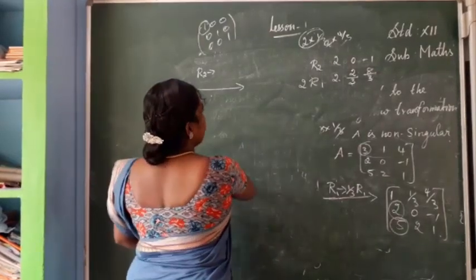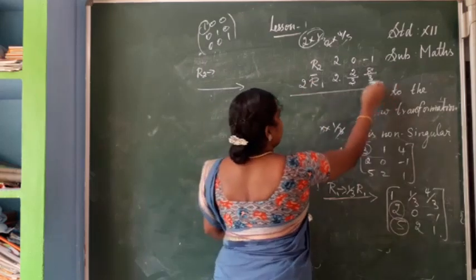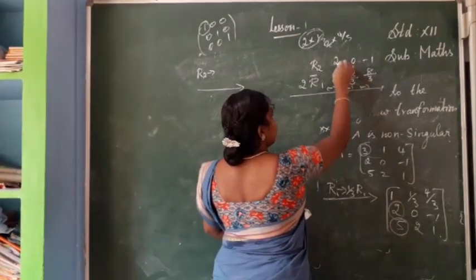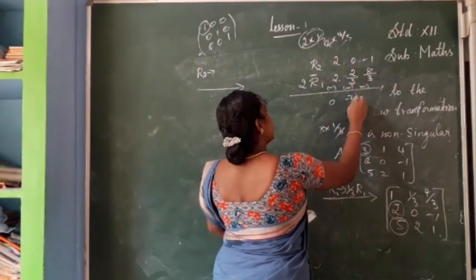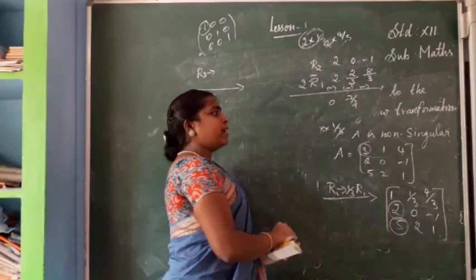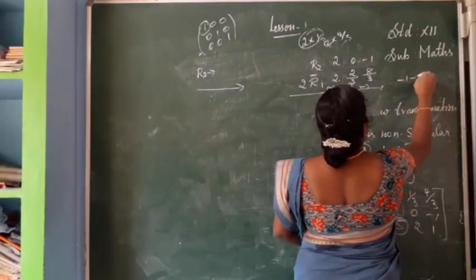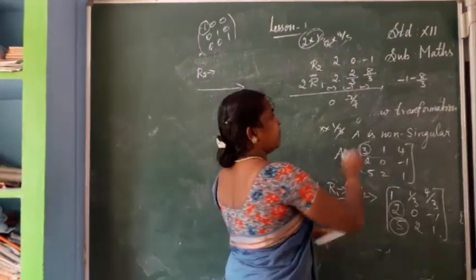Next, subtraction. So subtract, then we will get 0. 2 minus 2 is 0. 0 minus 2 by 3 is minus 2 by 3. Next, see carefully, minus 1 minus 8 by 3.